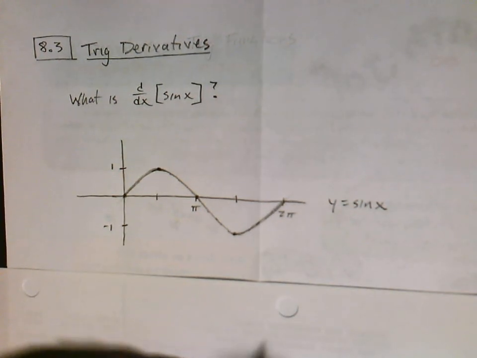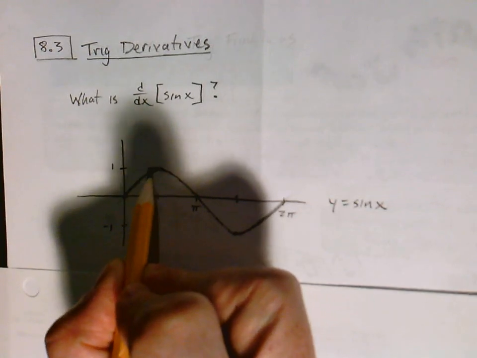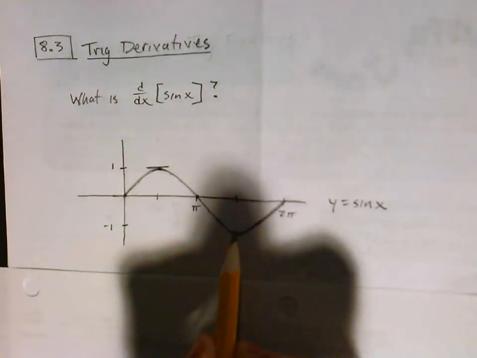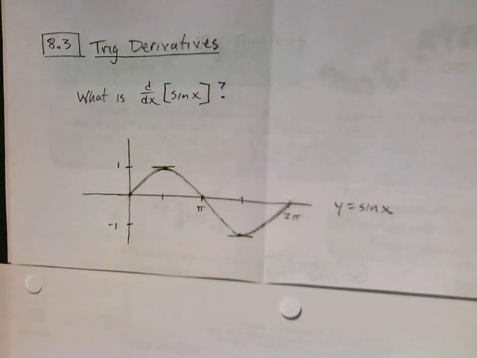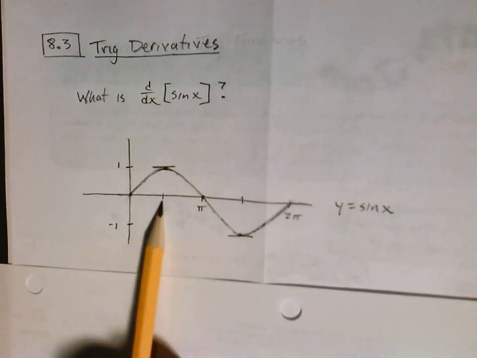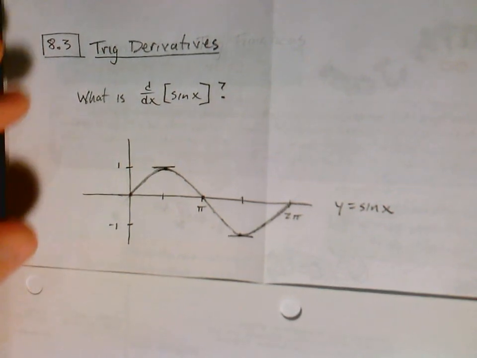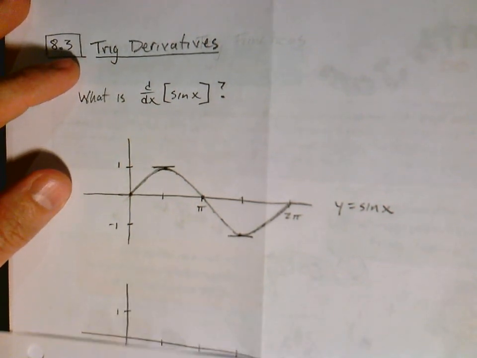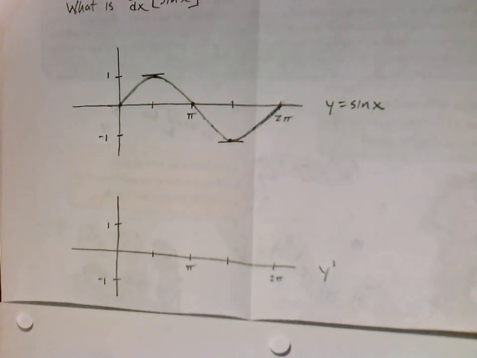So we can notice, hey, sorry for the shadow, there is a horizontal tangent line here at pi over 2 and another one at 3 pi over 2. We'll go step for step.